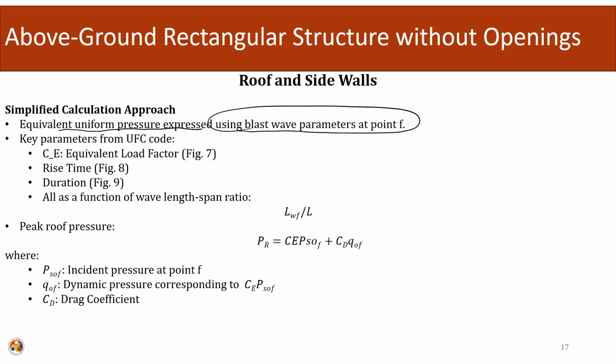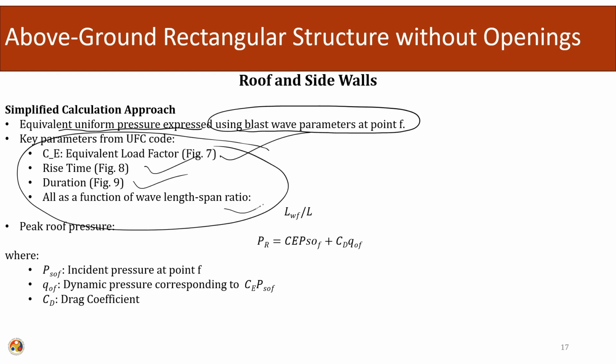The key parameters are the equivalent load factor that we can get from figure 7, the rise time again from figure 7, and the duration. Using all these parameters, we can calculate the equivalent forces, and all these are given as a function of wavelength to span ratio.